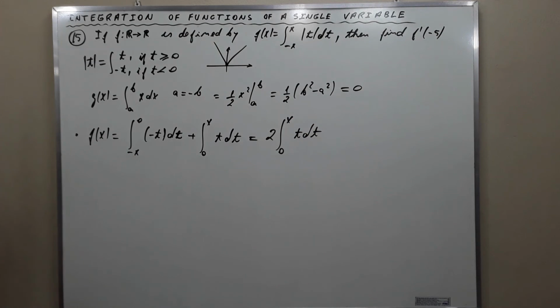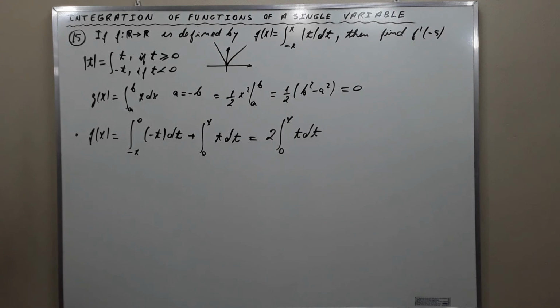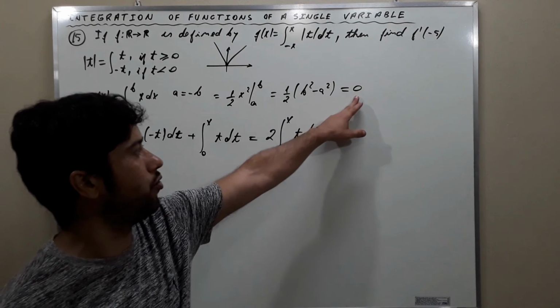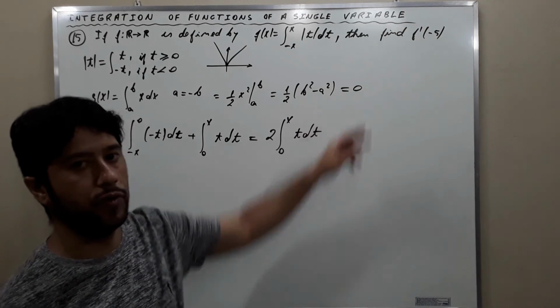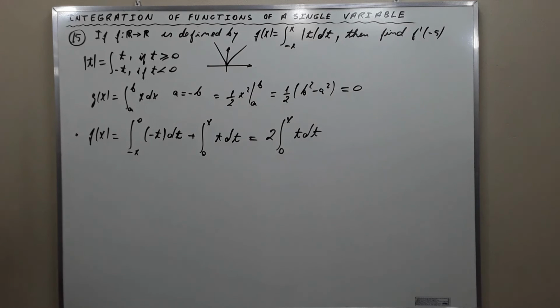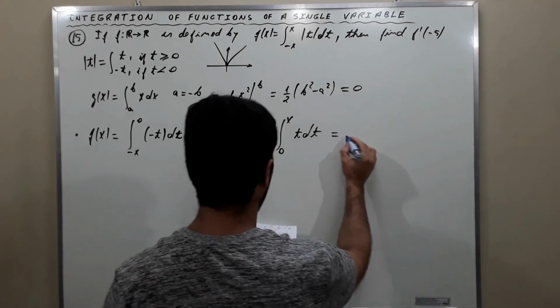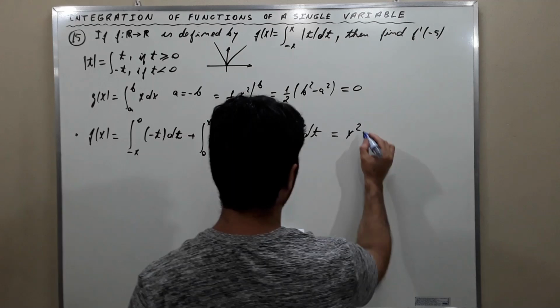We need to know how to extract the meaning from this, otherwise we are going to fall into this mistake here of canceling them out. Alright? And 2 times this integral here is x squared.